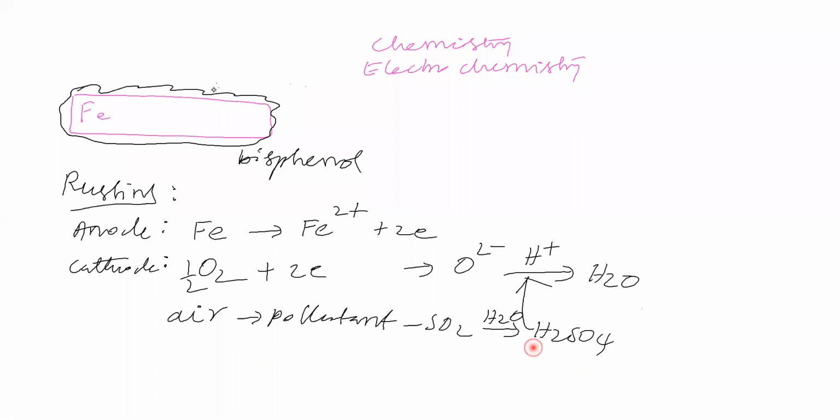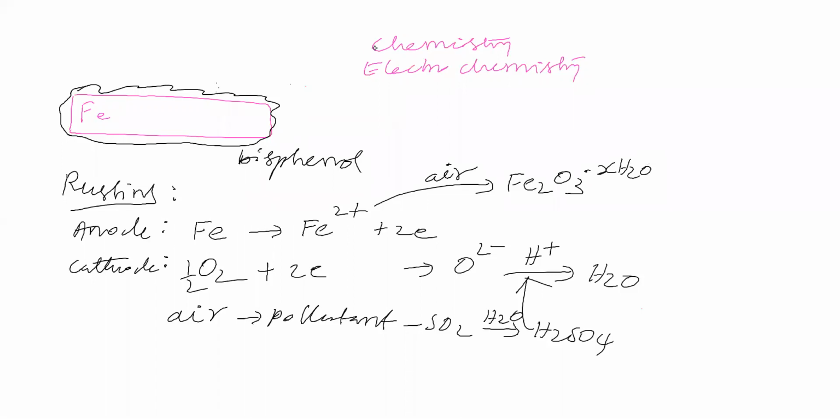Then this ferrous, with atmospheric air, undergoes oxidation and converts into ferric. So we are getting ferric oxide. This ferric oxide in hydrated form is called rust.